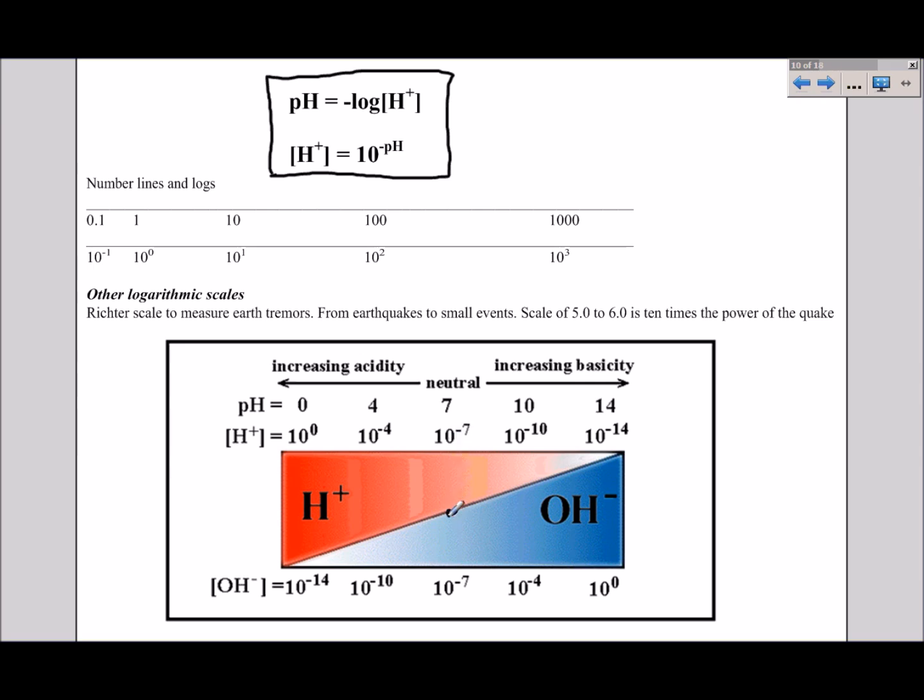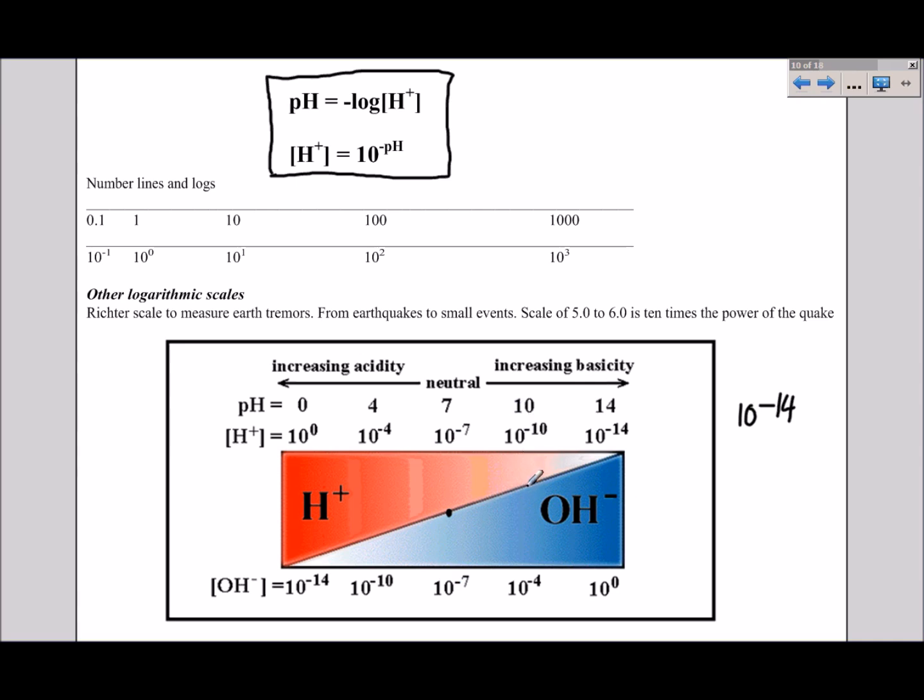When we had a neutral solution, that meant that the concentration of H plus and hydroxide were equal, and they were both equal to 10 times 10 to the negative 7. When we multiply these, 10 times 10 to the negative 7 times 10 times 10 to the negative 7, we are left with 10 to the negative 14.